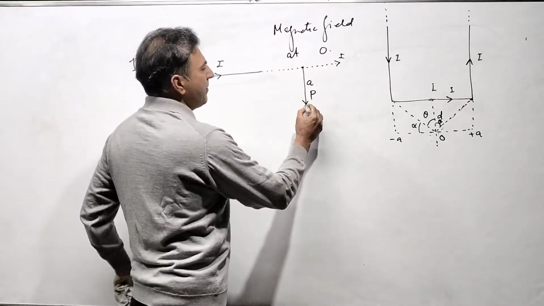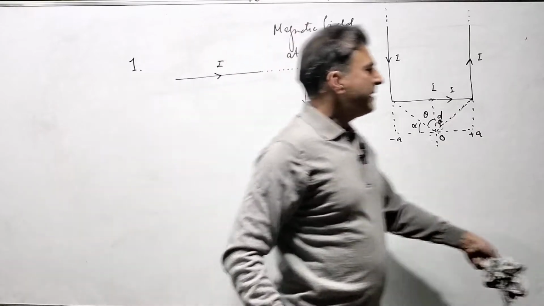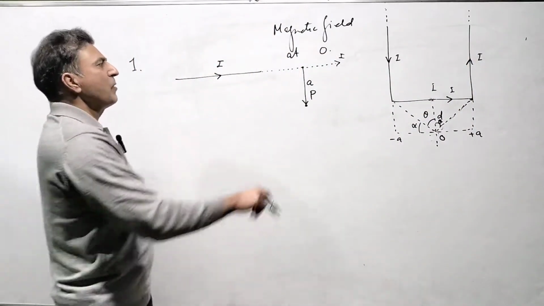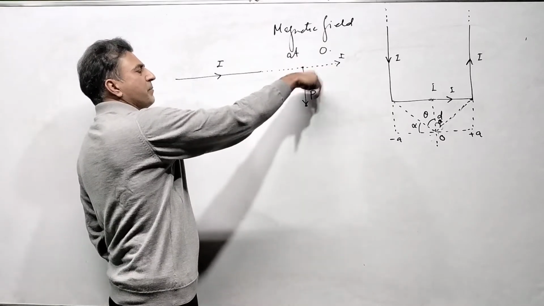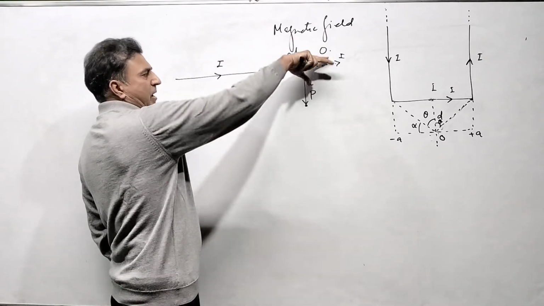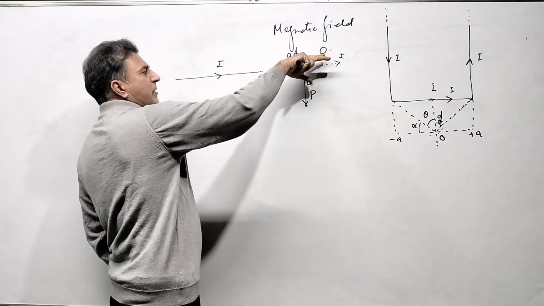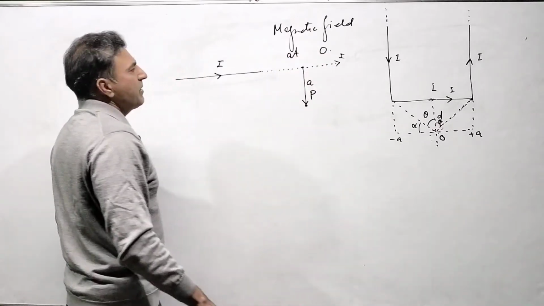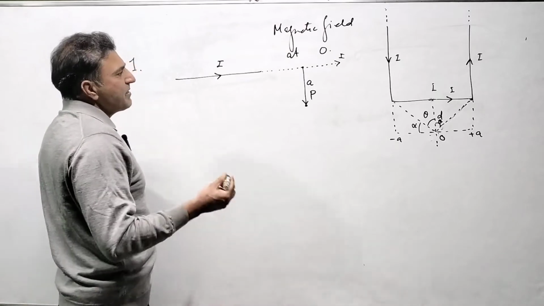So here the magnetic field will be quite inwards. That's the direction part. So how to find the direction of the magnetic field at a point? You have to wind I into this distance, I cross A, and watch where the thumb goes. It is I cross A, inwards. The magnetic field is inwards. But the point is, how much is that magnetic field?